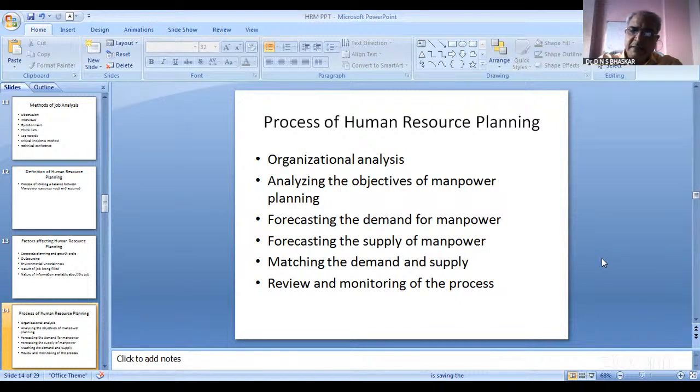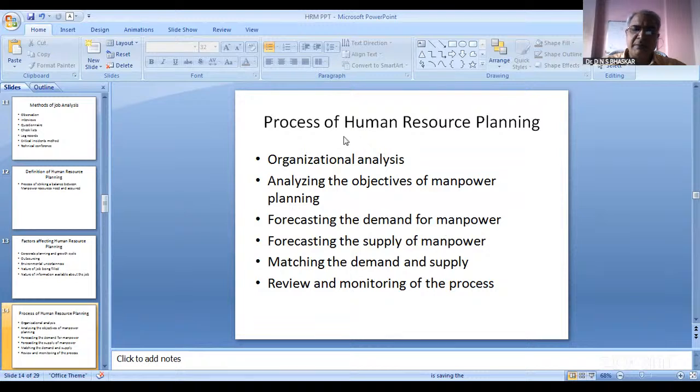At the same time, if your manpower planning goes in a wrong direction, automatically you will be in short supply of manpower of a specific skill. So always you should review and monitor the process of carrying out the human resources planning. These are the various important elements.